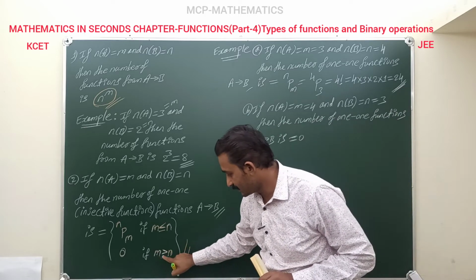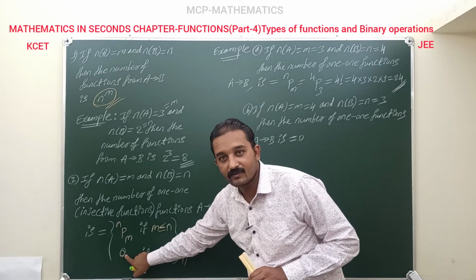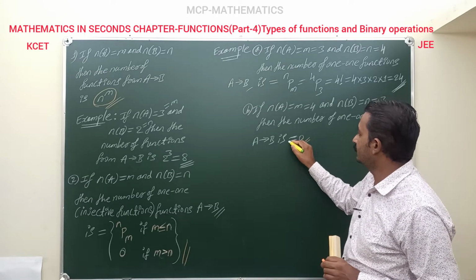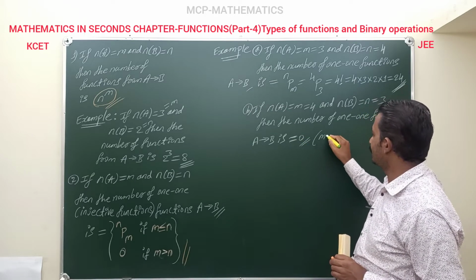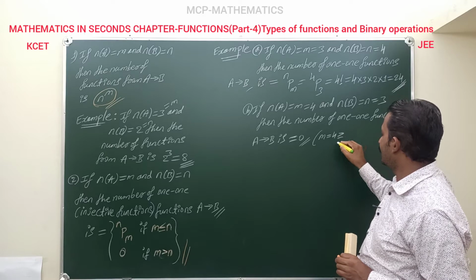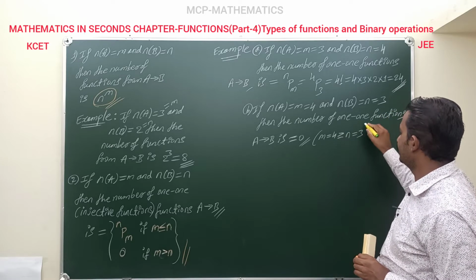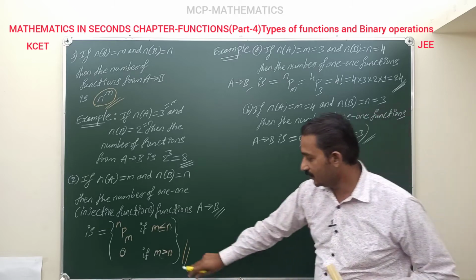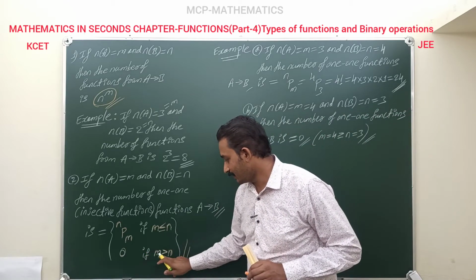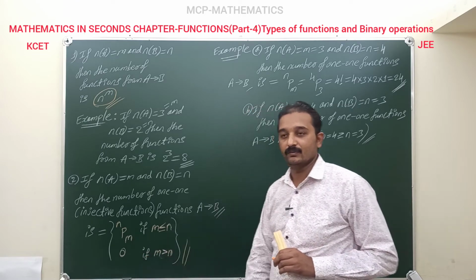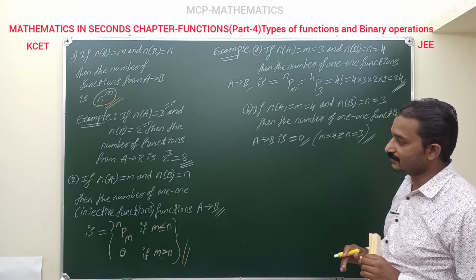So if m is greater than n, the number of one-one functions becomes 0. You can directly write 0, because here m equal to 4 is greater than n equal to 3. So these are the shortcut methods.